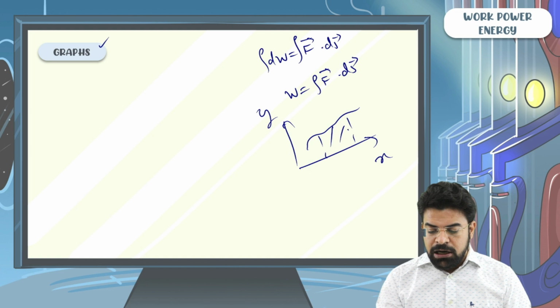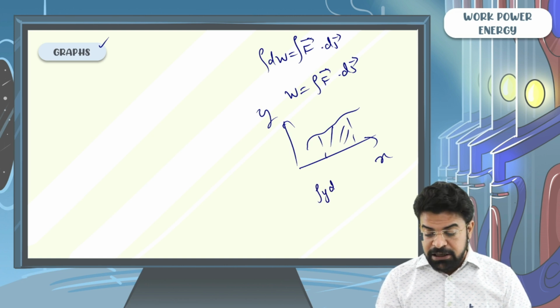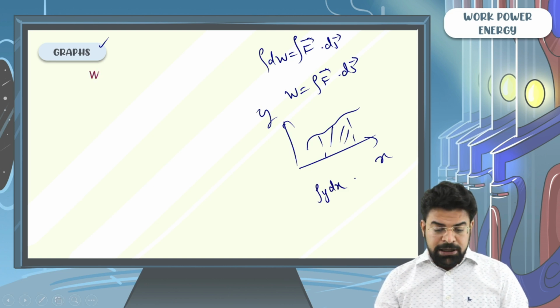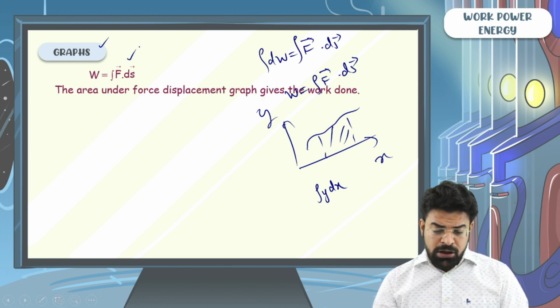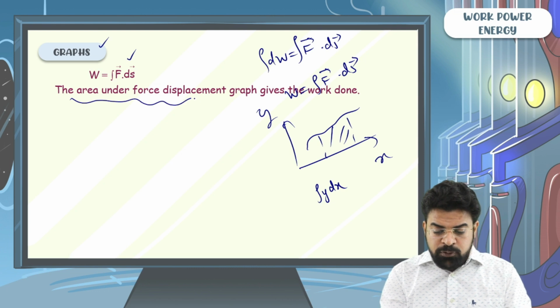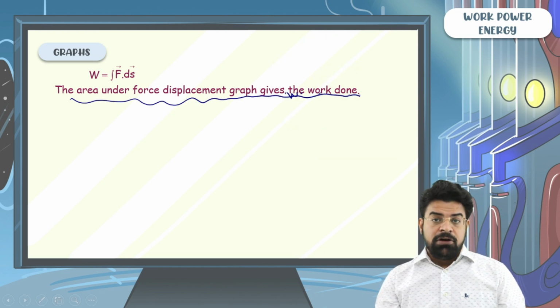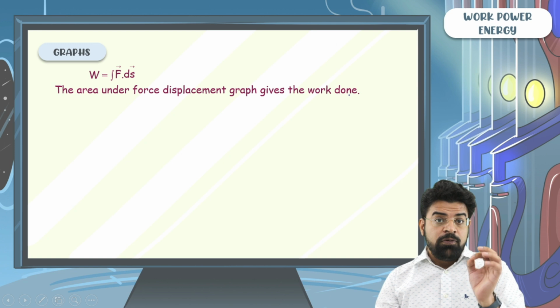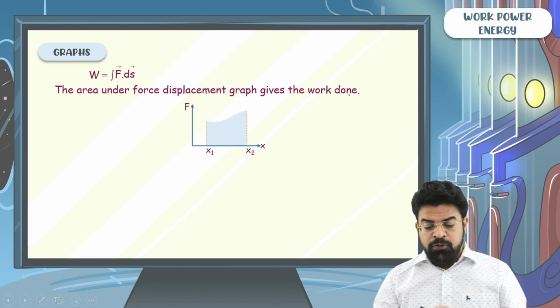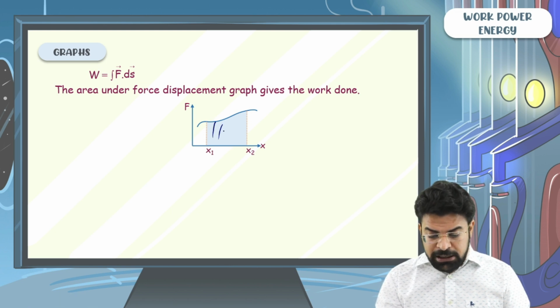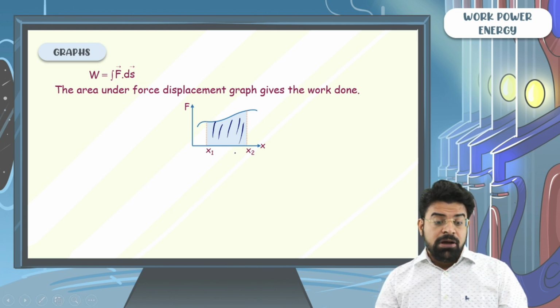The area under a y-x graph represents integral y dx. Similarly, work done equals integral F dot ds. So the area under the force displacement graph gives the work done. So if you ever find a force displacement graph, the area under the graph will be the work done.